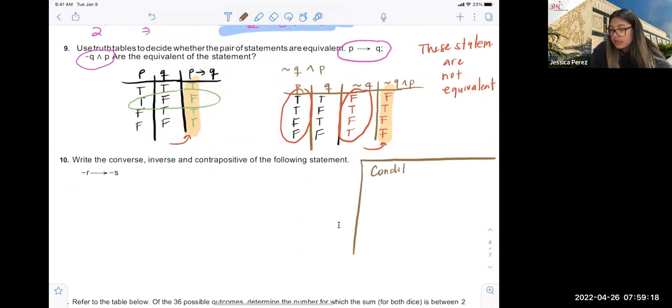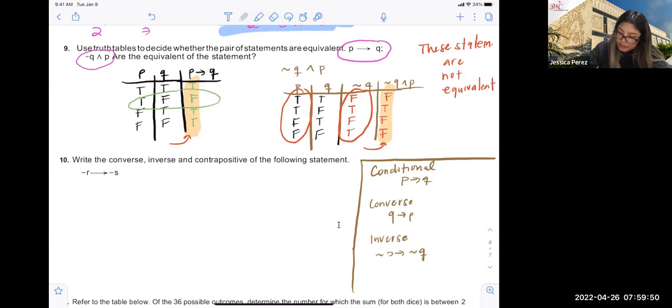For a conditional, you have P implies Q. You have the converse, where it's Q implies P. You have the inverse, where what you're doing is you're negating: not P implies not Q. And then contrapositive is P switch and negate.